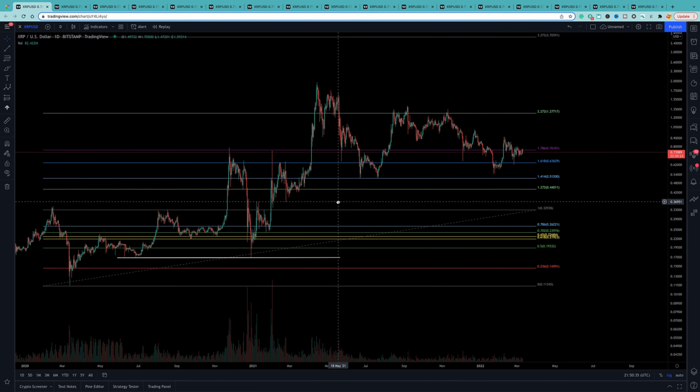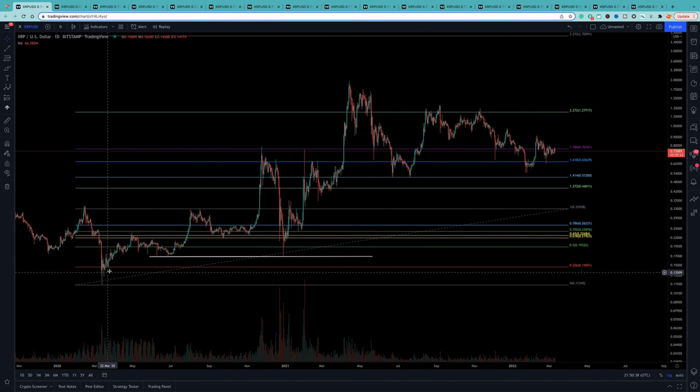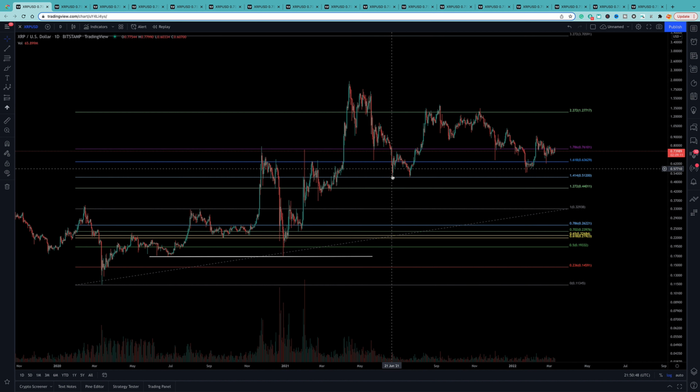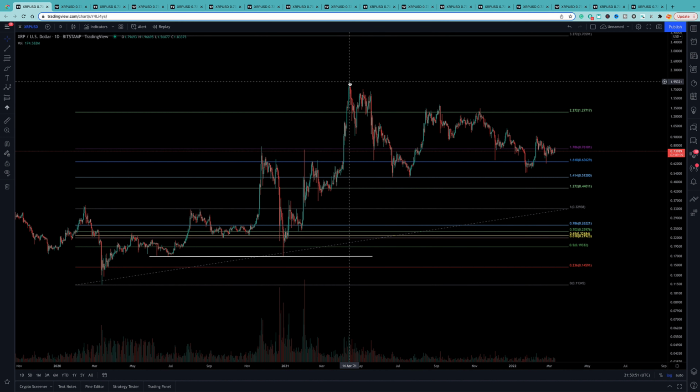So the point I'm trying to make is it still went to the 272, topped it, sat on it, then dropped back down. And again, this is where you get what they call the dead cat bounce.